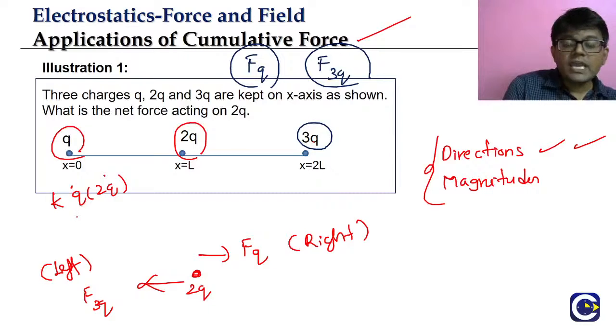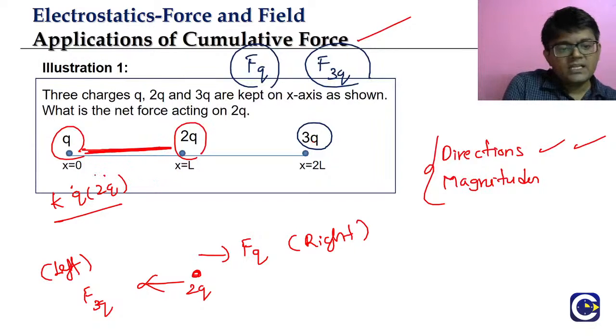So k into q into 2q divided by அந்த ரெண்டு சார்ஜ் நடுவுல what is the distance? இந்த distance என்னன்னு பாருங்க, q is at the origin, 2q is at a position x is equal to l. So அந்த ரெண்டுத்துக்கு நடுவுல what is the gap? l தானா?